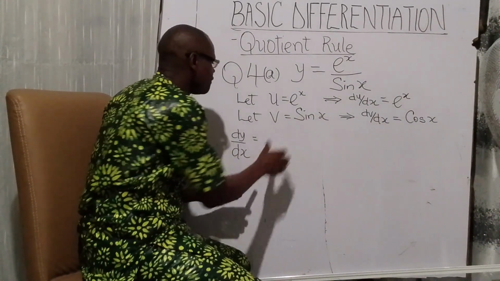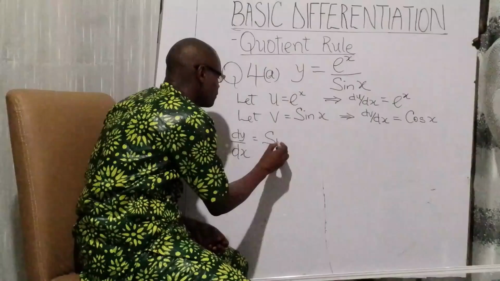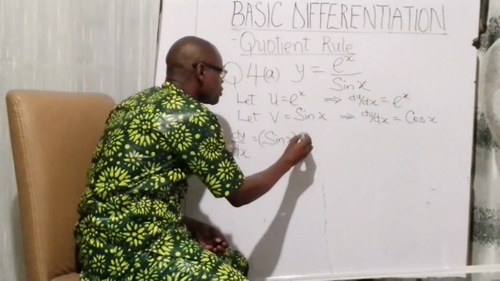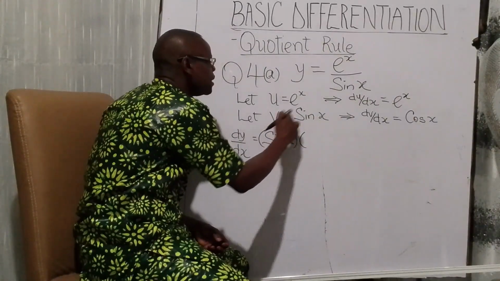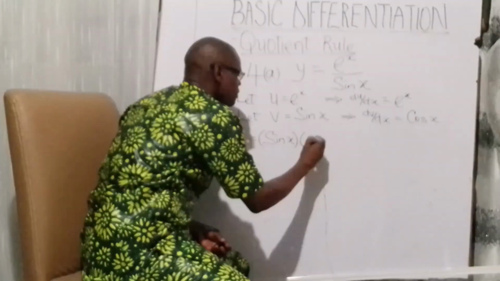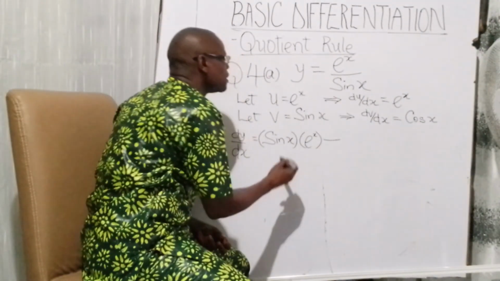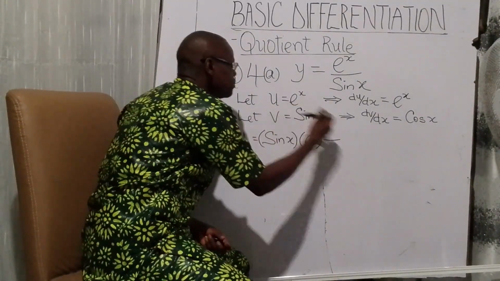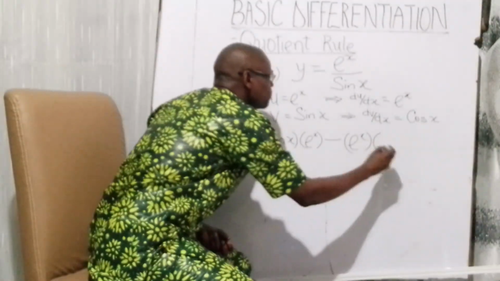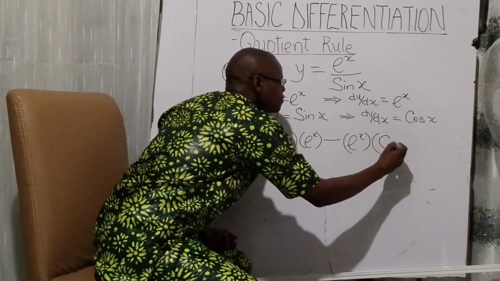Here our v is sine x in brackets multiplied by du/dx, which is e raised to power x, minus u, which is e raised to power x, multiplied by dv/dx, which is cos x.